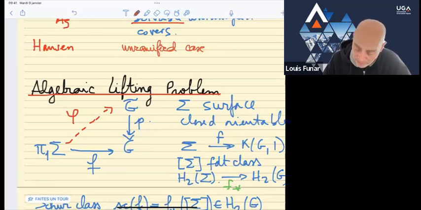So we have a map from pi1 of the surface into some group G. The main case which is interesting for us is when G is the symmetric group of n elements, and you have a bigger group surjecting onto G. And the question is whether you can lift the group homomorphism from pi1 sigma into G to some homomorphism phi to G tilde.